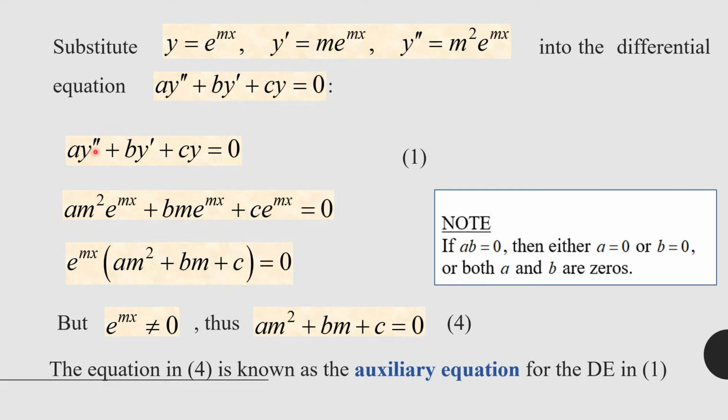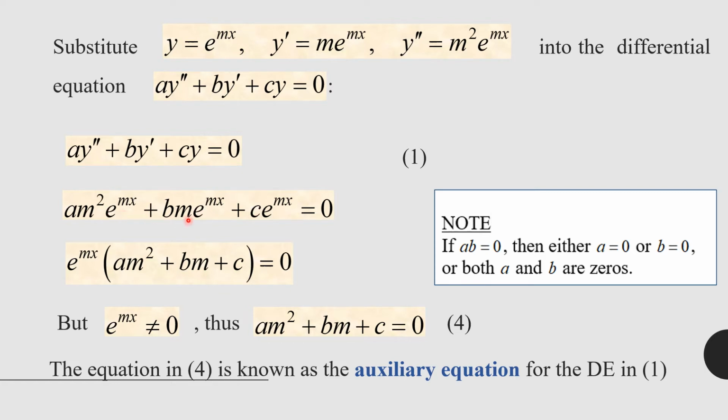So ay double prime plus by prime plus cy equals 0: a multiplied by y double prime, which is m squared e to the mx, plus b multiplied by y prime, which is m e to the mx, plus c multiplied by y, which is e to the mx, equals 0.